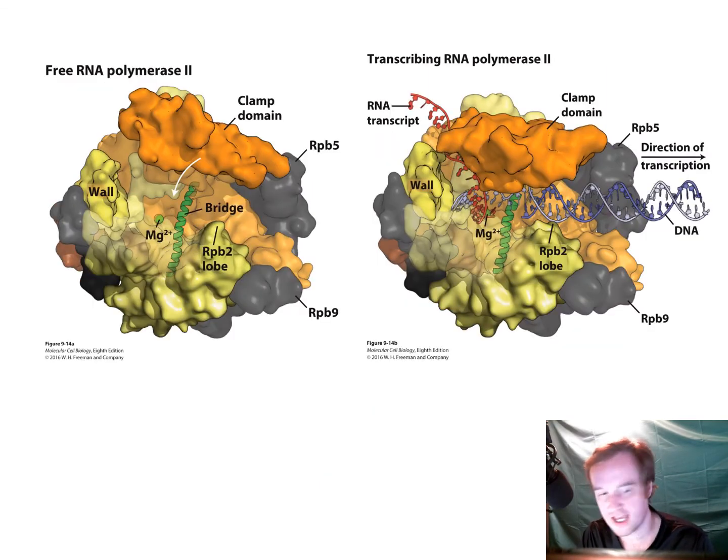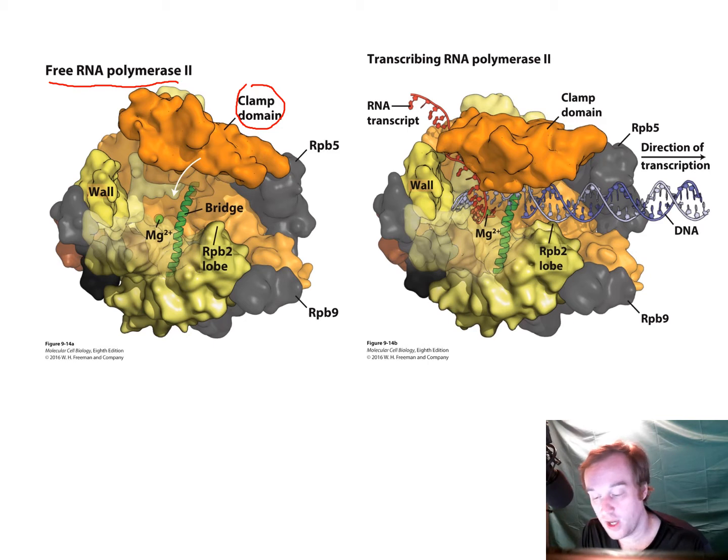Okay, so let's look at the actual structure of polymerase. Let's get into the weeds a little bit here. On the left-hand side, we have free RNA polymerase, and we're going to focus to start on this clamp domain. When it's not associated with DNA, this clamp domain is in an open position.